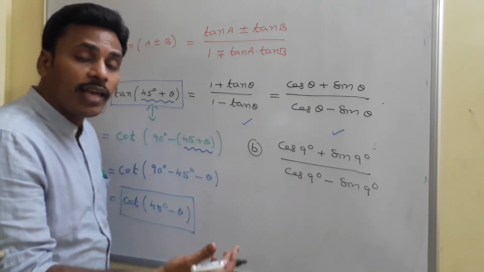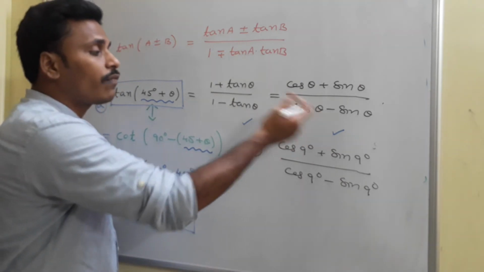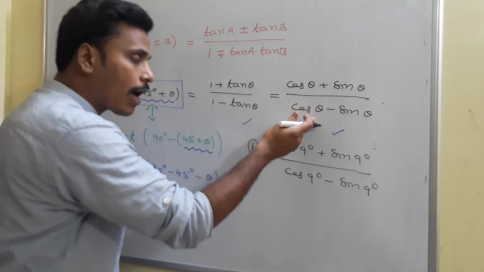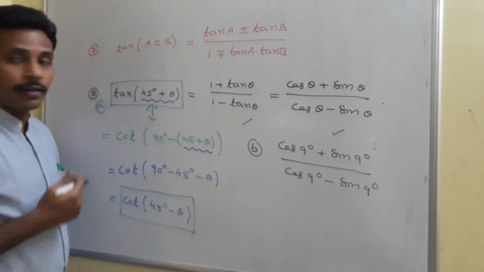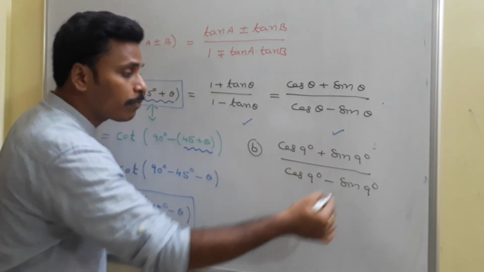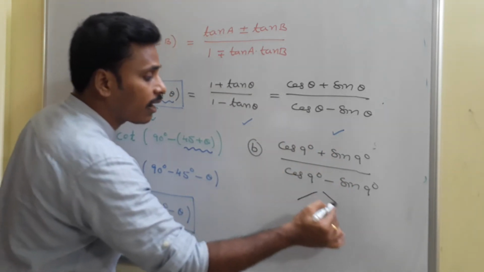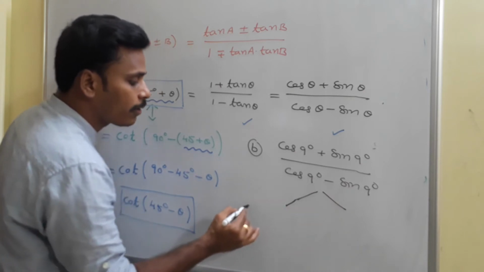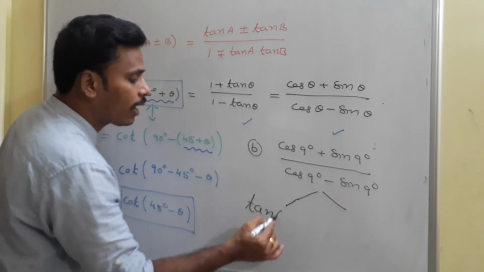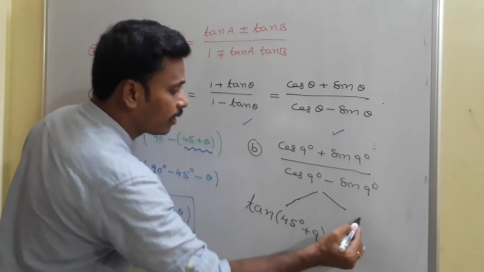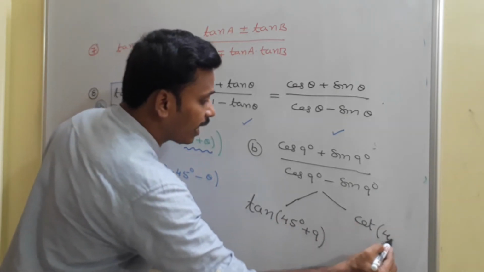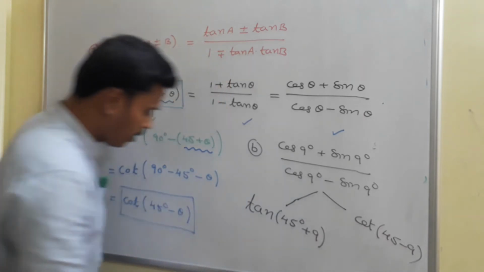So we have a chance to replace theta with 9 degrees here. So this (cos 9 plus sin 9) by (cos 9 minus sin 9) can be simplified in two ways. In one way, I will write it like this, tan of (45 degrees plus 9). In the other way, I will write it like this, cot of (45 minus 9).